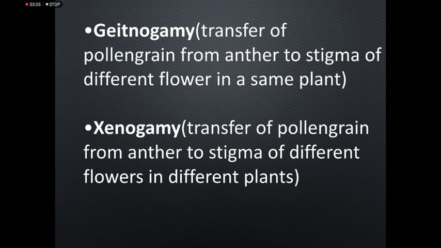While in xenogamy, transfer of pollen grains from anther to stigma of different flowers in different plants takes place. That means two different plants participate in xenogamy. So it is an example of cross pollination.